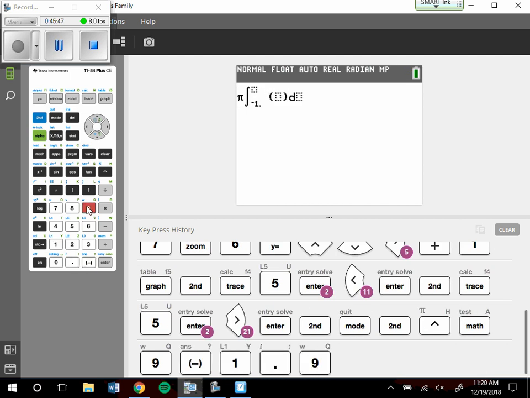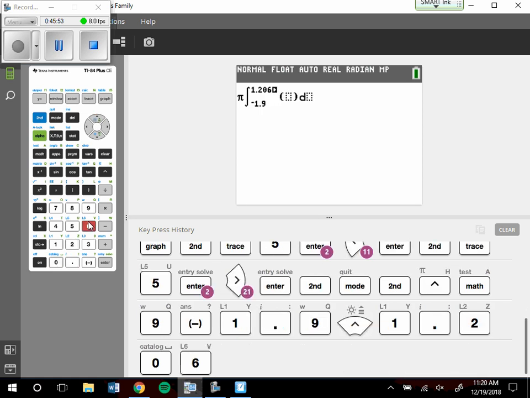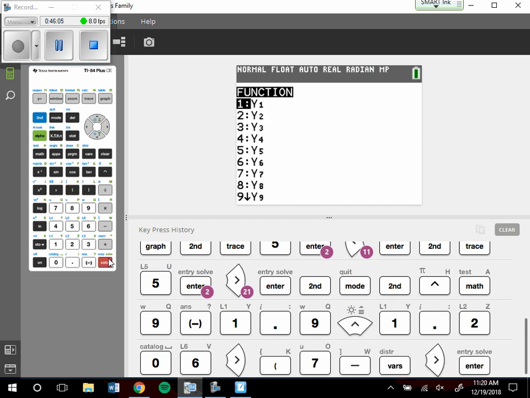And what was my upper bound? 1.206. And then my first function was 7 minus y1, right? 7 minus whatever I have stored in y1.